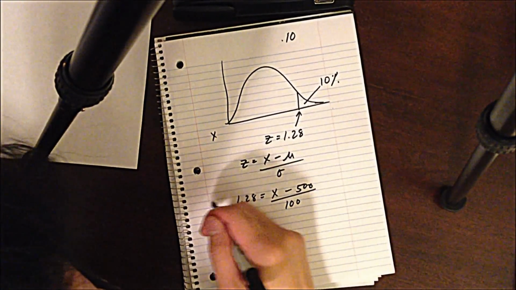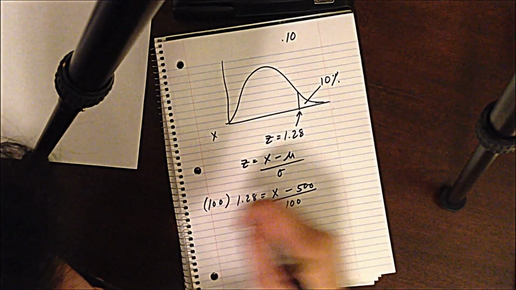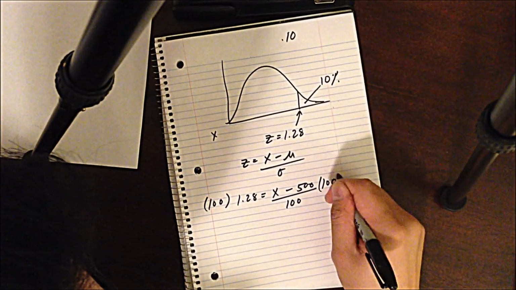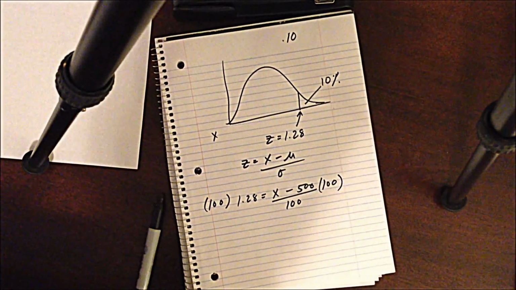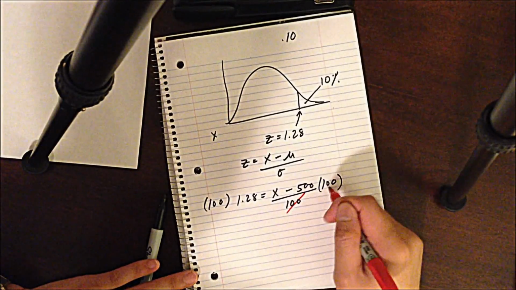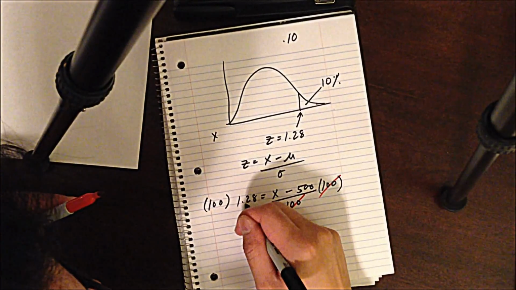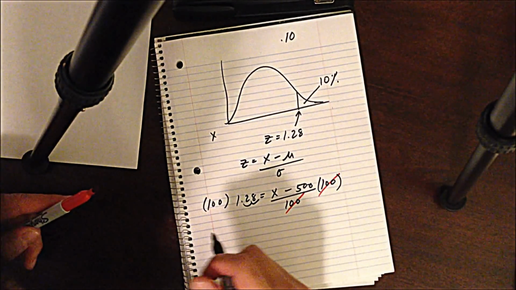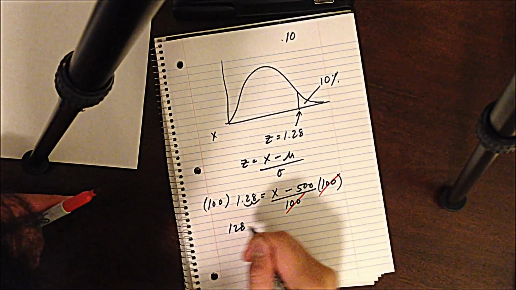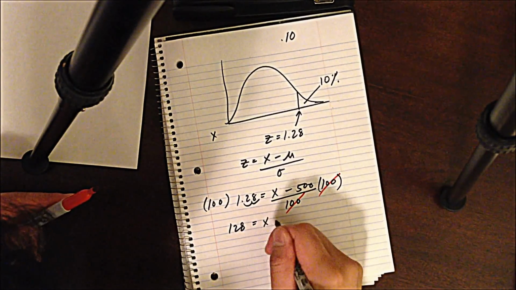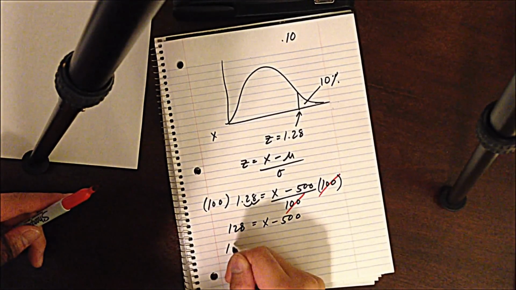Okay, so we're going to multiply both sides by 100. Here, get to use my red pen. These cancel out, right? Now these move 2 decimal places, 1, 2, because 100. 128 equals x minus 500.